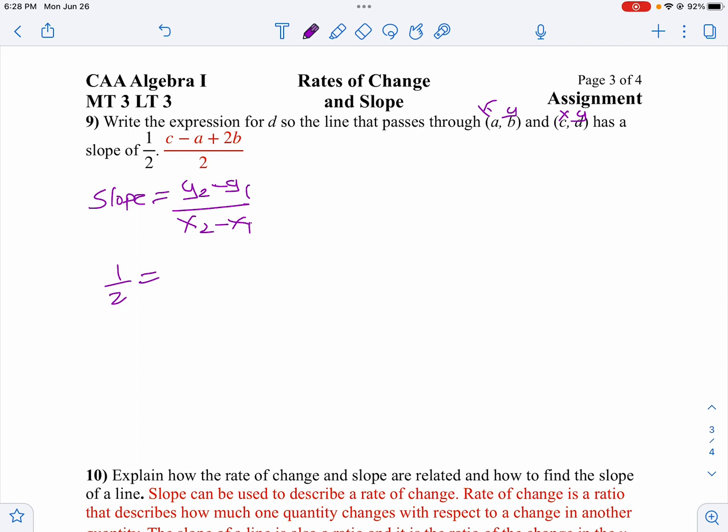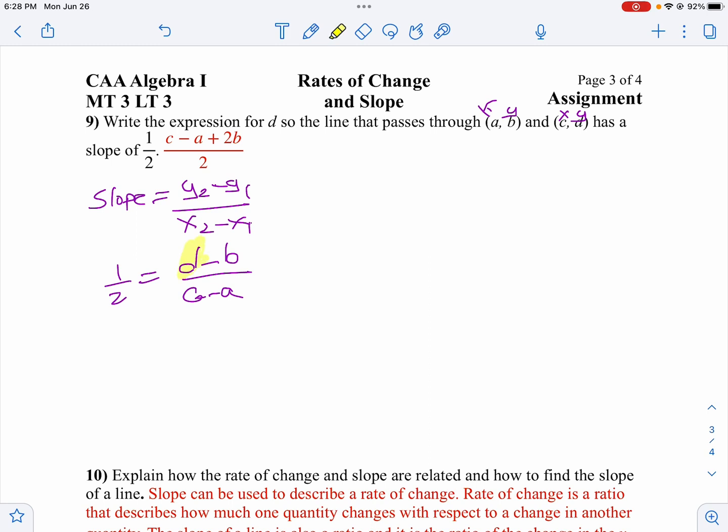So let's do that. We'll say d minus b all over c minus a. Now, what do you do to get d by itself? That goes back to what we did in the first chapter.